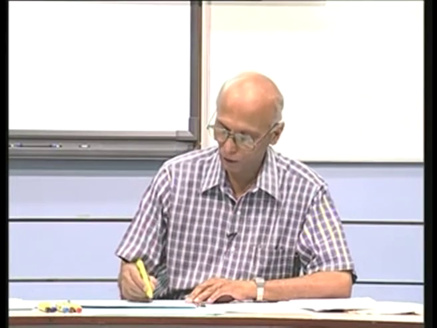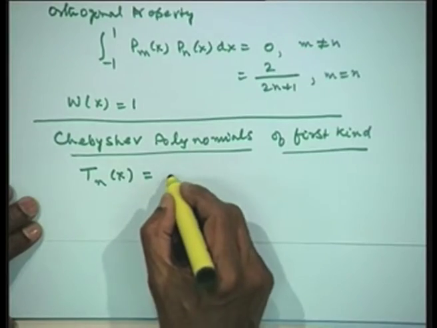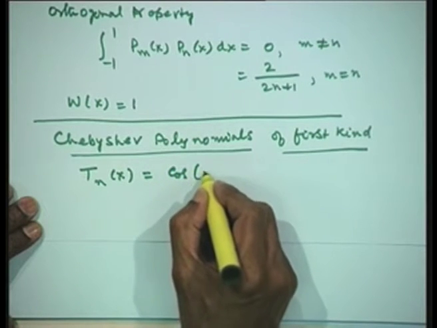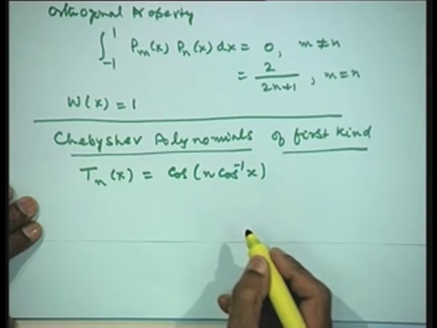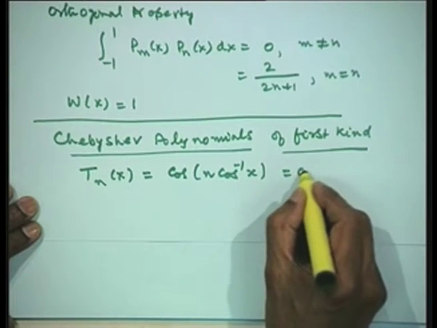Interestingly, even though it is a polynomial, it can be written in a nice closed form in trigonometric function form as cos of n cos inverse of x, or simply cos of n theta.